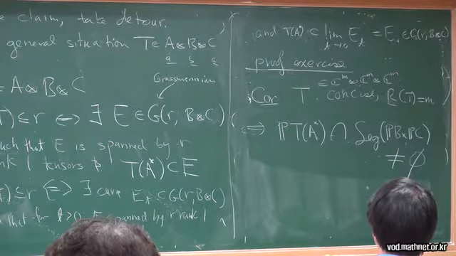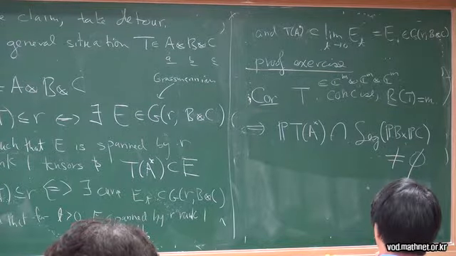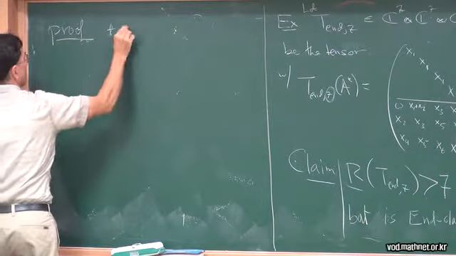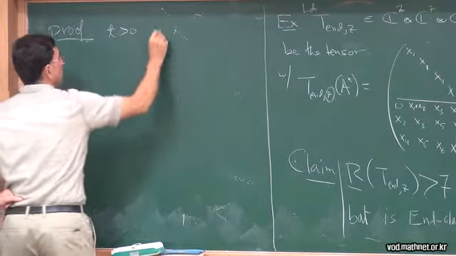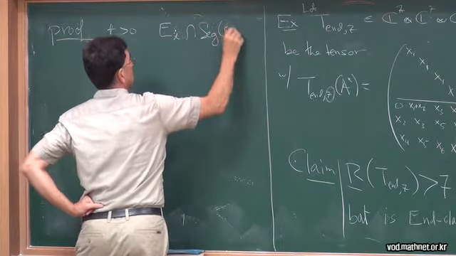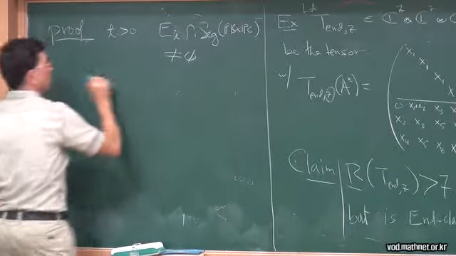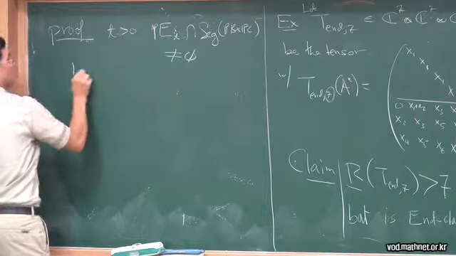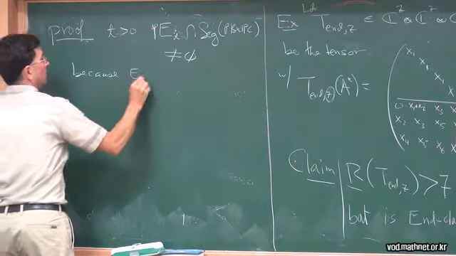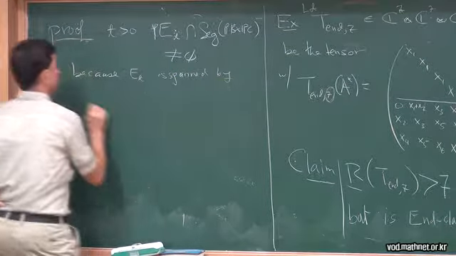So let me give the proof. For t greater than 0, we have that E_t intersect the Segre is not equal to the empty set because E_t is spanned by points of the Segre.